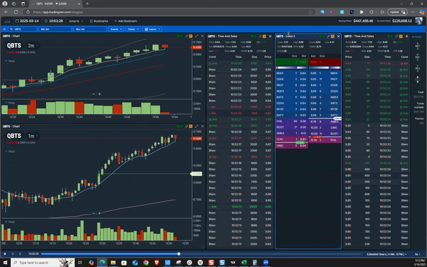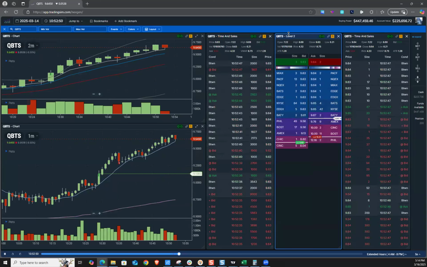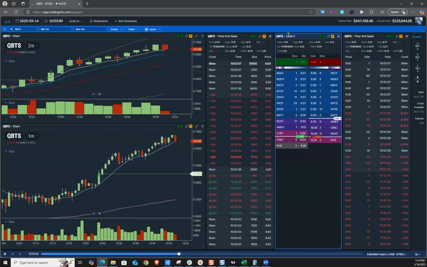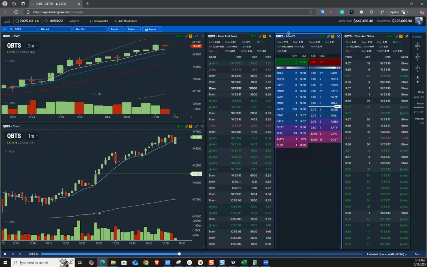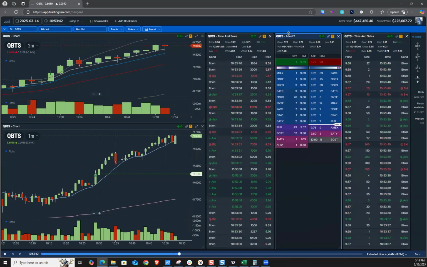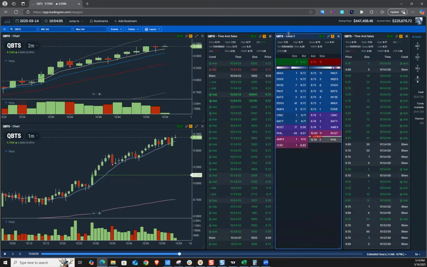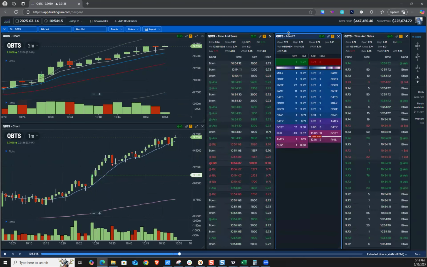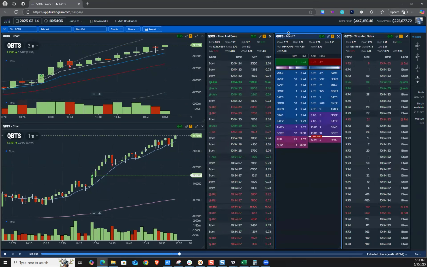You're still carrying 25%. You reload it back to 50%. You just got another push up. You just keep doing that until it doesn't work. That's how I trade them, and all the big small cap guys I know, that's how they trade them. Because a lot of times you'll get a big wicked out bar that comes down, stops you out, and then just does it all over again.